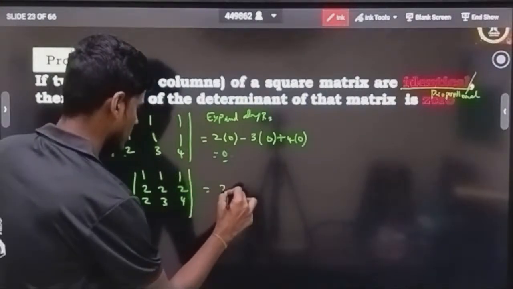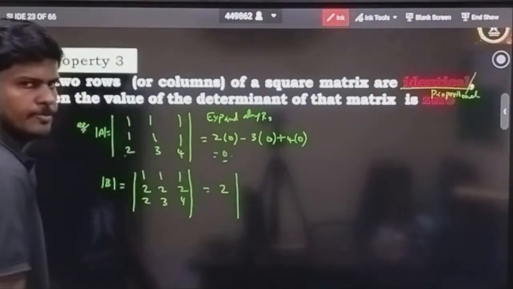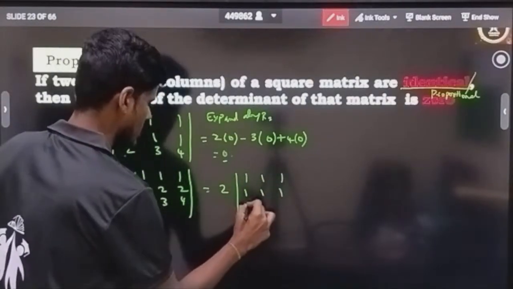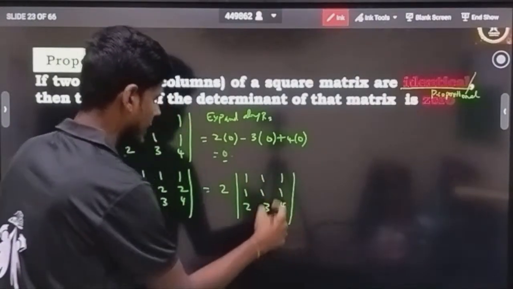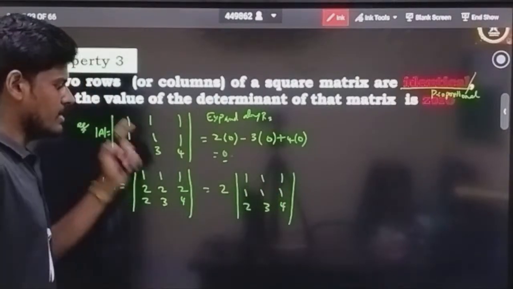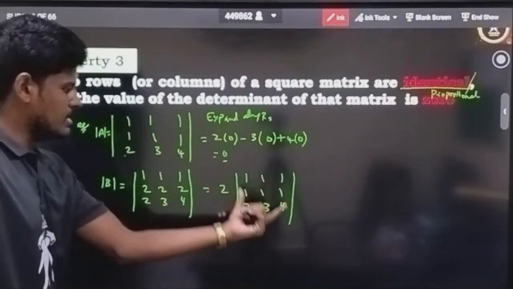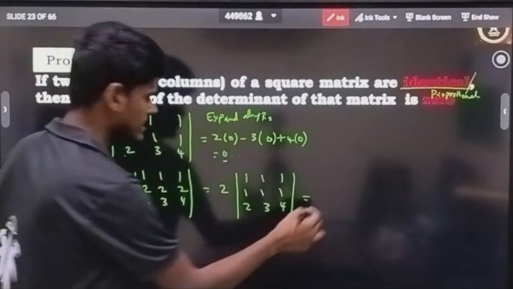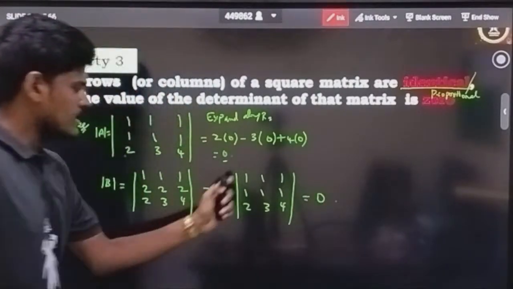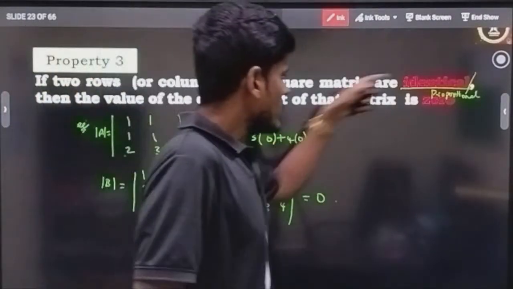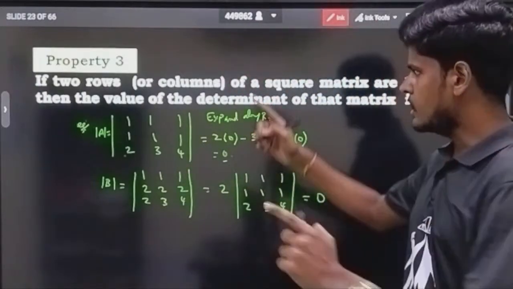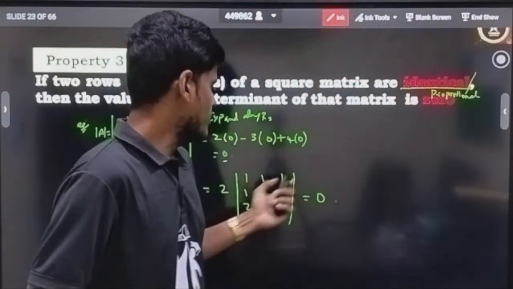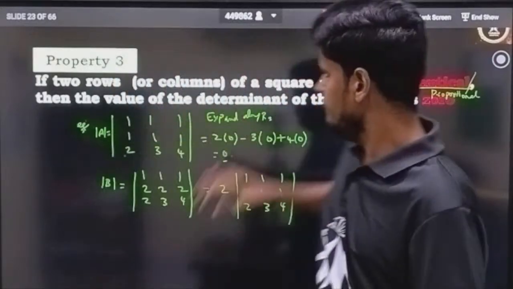So this is nothing but 2 into, we can take 2 outside from the second row, then we will get 1, 1, 1, 1, 1, 1, 2, 3, 4. Again these two determinants are the same, determinant A and this determinant. We already know its value is 0. So the final answer is 0. That is what this property means: any two rows or columns of a determinant being identical or proportional implies the value of the determinant is 0.